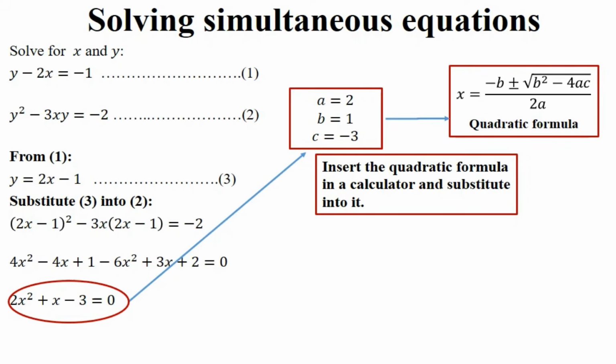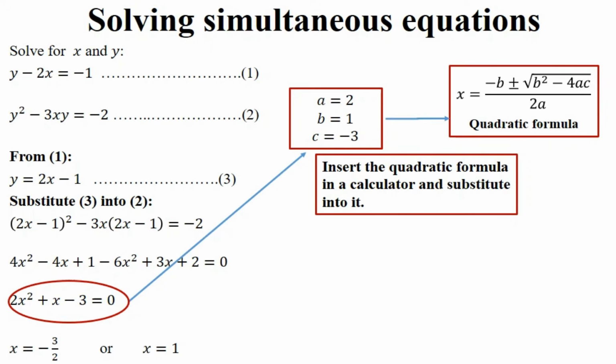After substituting those values in your calculator, you will get the values of x. The first value of x is minus 3 over 2, and the other one is x is equal to 1. Remember, we are solving these equations simultaneously, so we have two values of x.